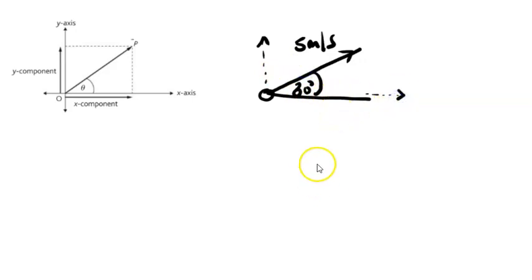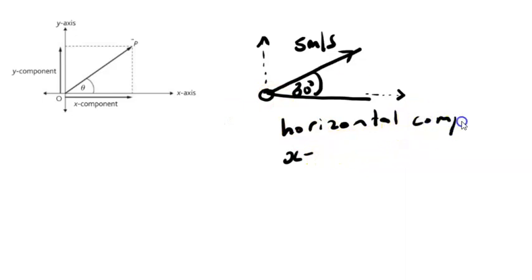Now, for the sideways motion, we'll use terms like horizontal. We might talk about x, and it might be the horizontal component. That's a word that we'll use, or we might call it the x component.